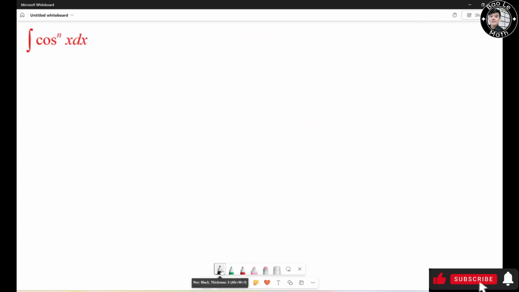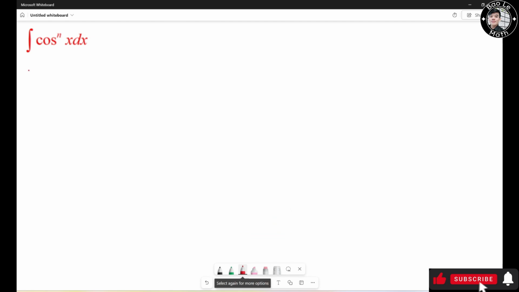We're going to explore the antiderivative of cosine to the n of x dx. We have two different cases. The first case, n is even, or n equals 3. We're going to use the formulas right here. Sine square of x equals 1 minus cosine 2x over 2.